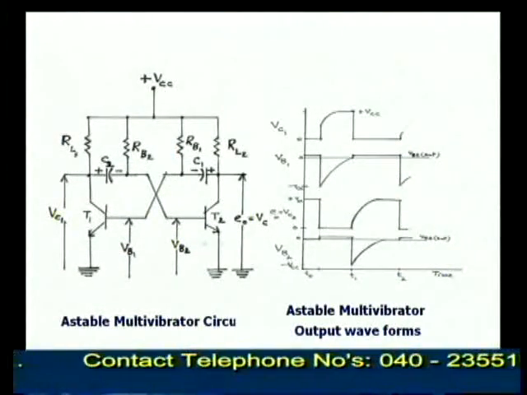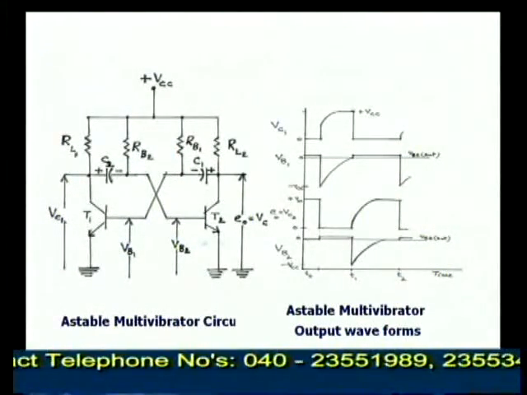So here the astable multivibrator has both the states quasi-stable. That means the multivibrator can retain in each of its states for a fixed interval of time decided by the circuit elements. So the duration of each semi-stable state will be decided by the transient RC elements used in the circuit.